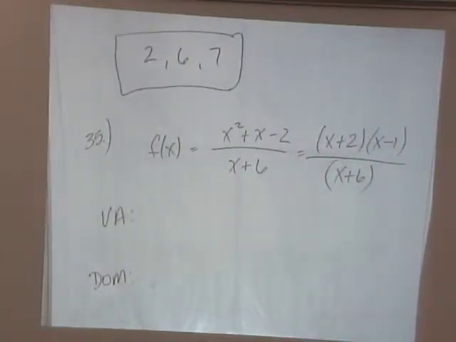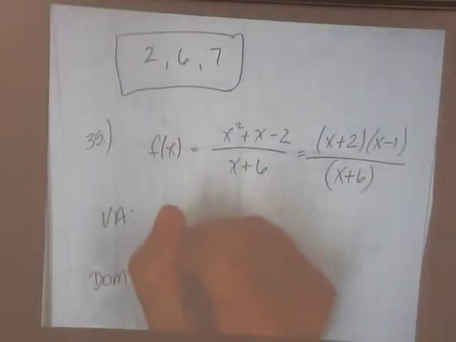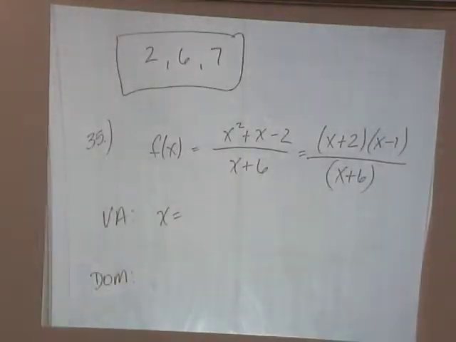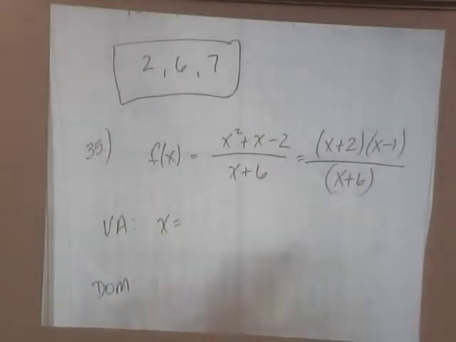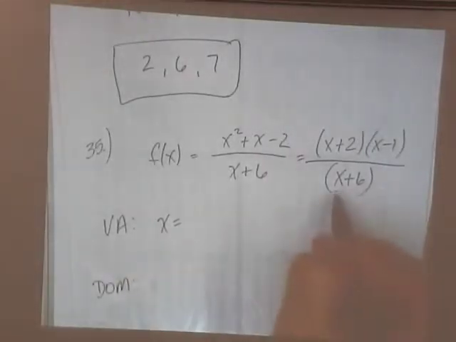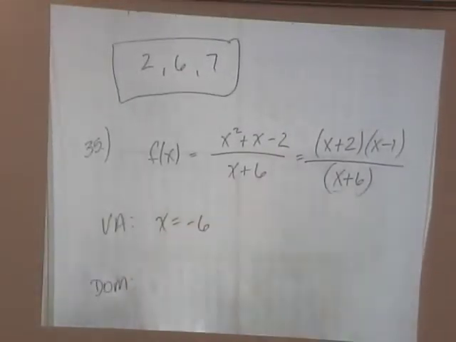All right, so nothing will cancel out, so we have no holes. So my vertical asymptote is going to be x equals -6, right? Whatever makes the denominator equal to 0.